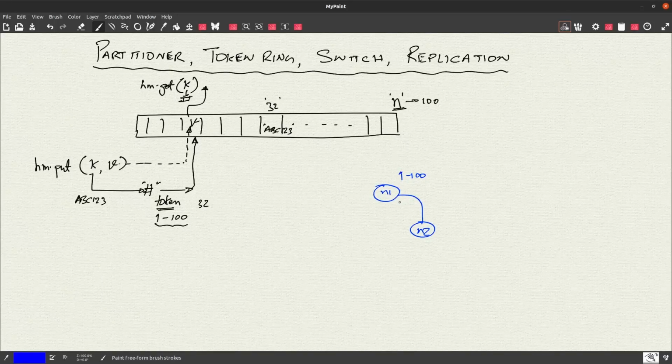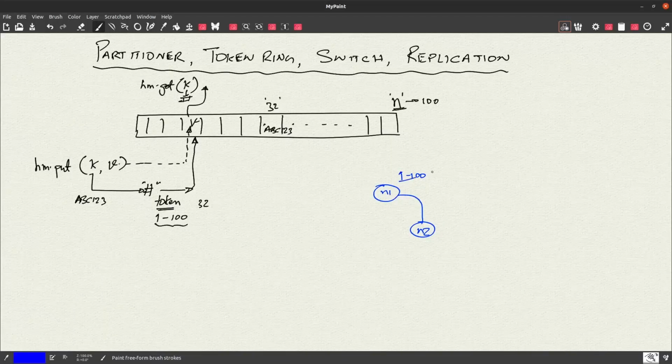50-50. So what I'm going to do? I'm going to say, okay, so N2, when you bootstrapped, you remember all that handshake, etc. After all that handshake is done, N2 says, look, I am here to help you out, N1. I'm here to take on equal load like you, N1. So why don't I split the token range 50-50.